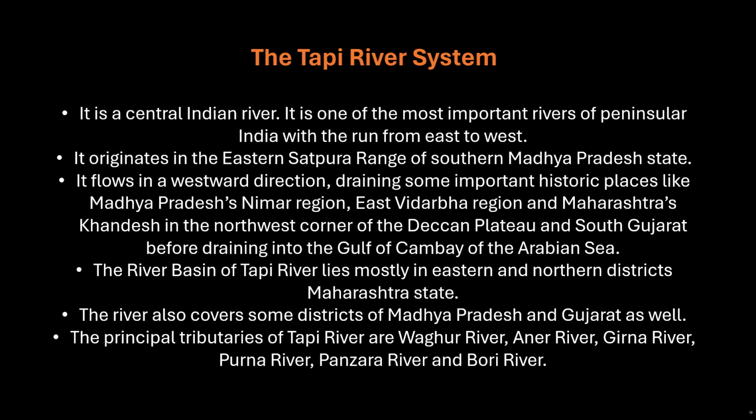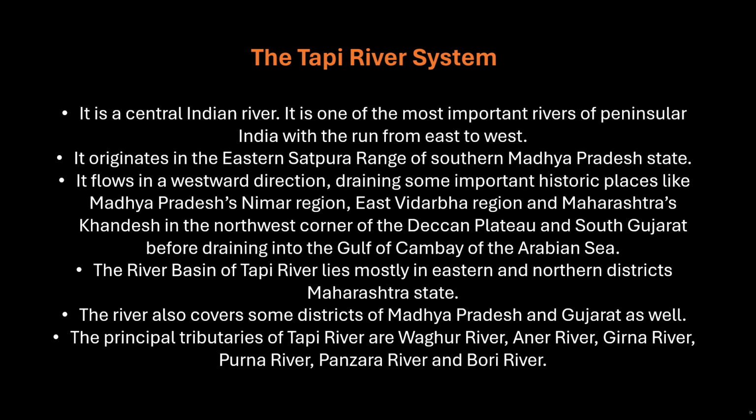The Tapi River System. It is a central Indian river. It is one of the most important rivers of peninsular India that runs from east to west. It originates in the eastern Satpura range of southern Madhya Pradesh state. It flows in a westward direction, draining some important historic places like Madhya Pradesh's Nimar region, East Vidarbha region and Maharashtra's Khandesh in the northwest corner of the Deccan Plateau and South Gujarat before draining into the Gulf of Cambay of the Arabian Sea.